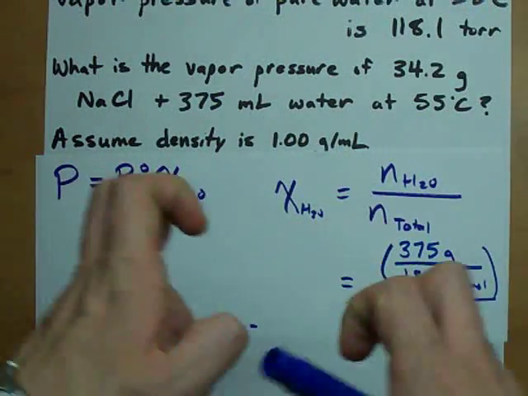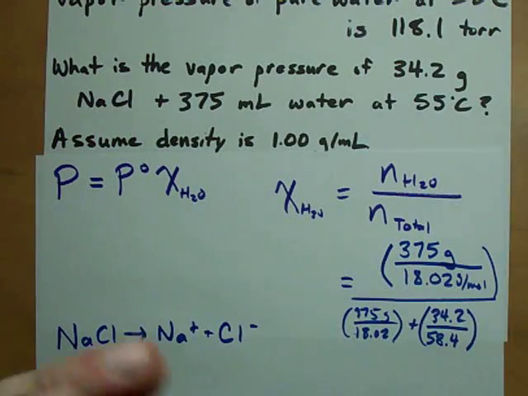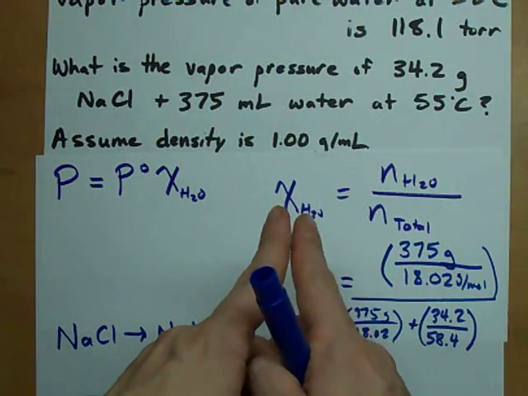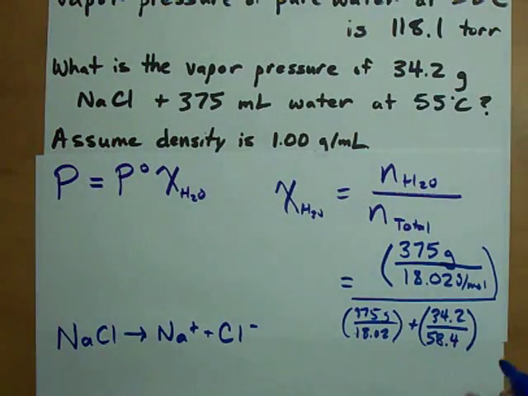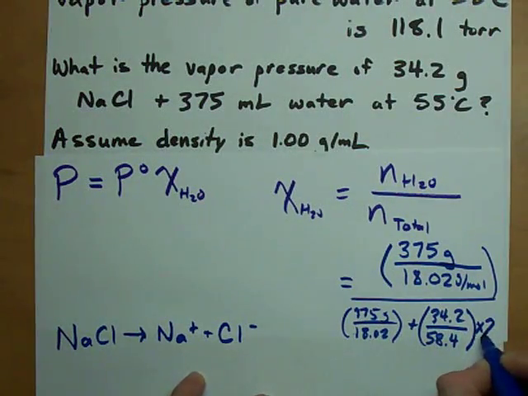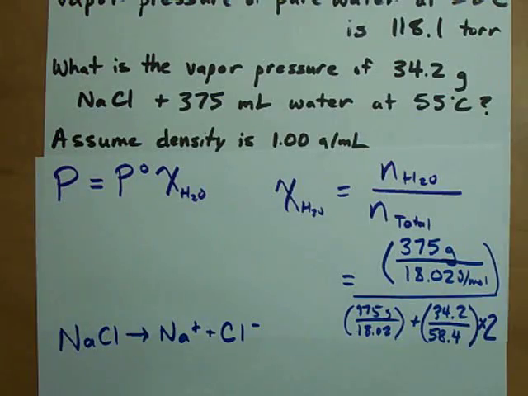There's water mixed in with them, but in terms of the number of particles that we have, which is what the mole fraction kind of measures, we actually have twice as many particles as this number would give us. Twice as many particles as NaCl's that we put in.